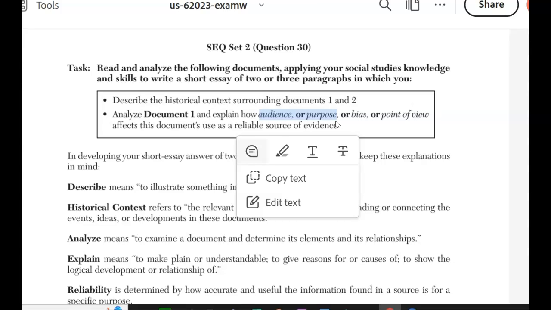If he's writing that same letter to his mom, what is the purpose of the letter? It's to tell mom, I'm okay. And don't worry, I was in a battle, but it wasn't that big a deal. He's going to minimize the danger maybe he was in. If he's writing that same letter not to his mom, but to his girlfriend, well, all of a sudden he becomes the hero of the Civil War, and he single-handedly fought off the whole Confederate Army because he wants to impress the girl.